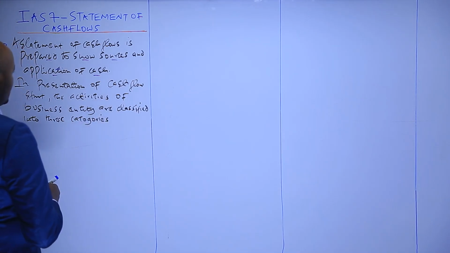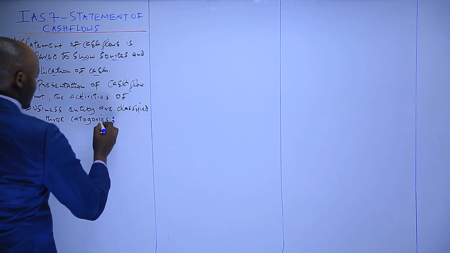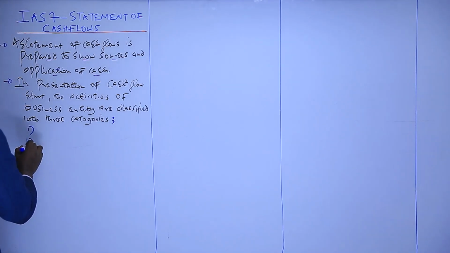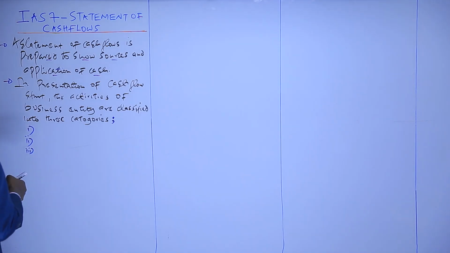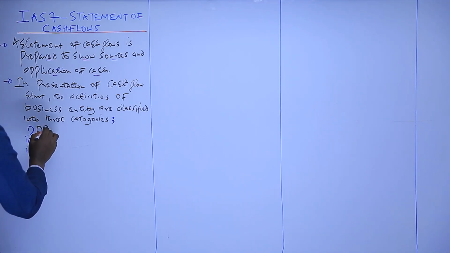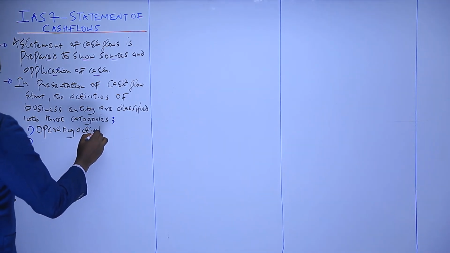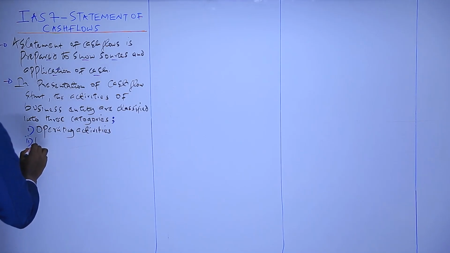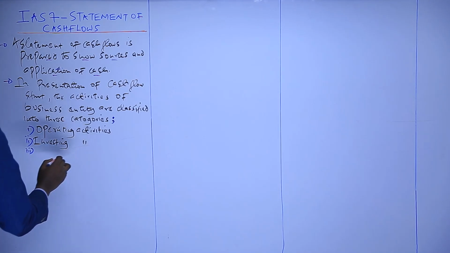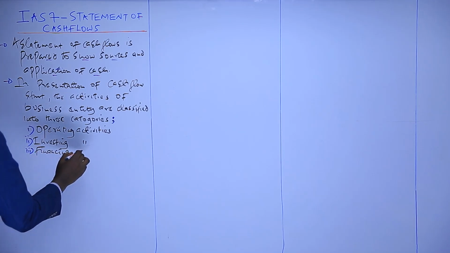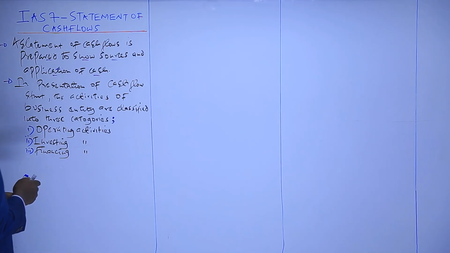So which are those 3 categories? Number 1, operating activities. Number 2, investing activities. And 3, the financing activities. So therefore the activities are classified into 3.